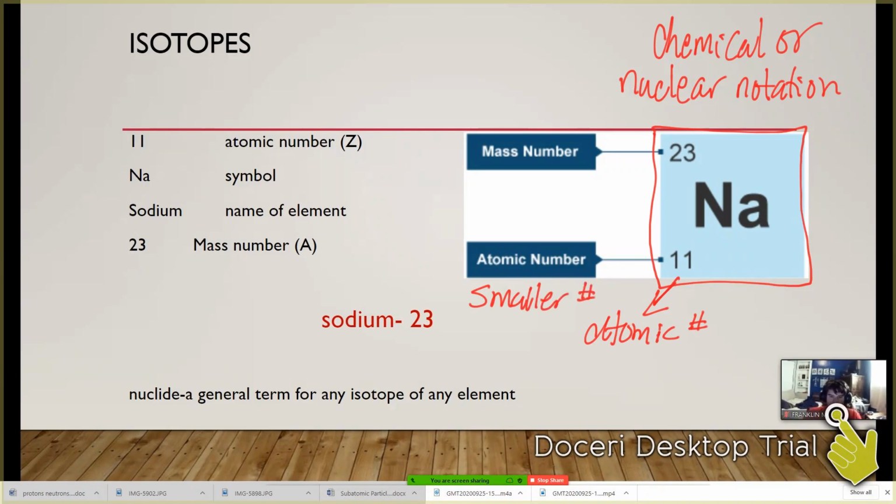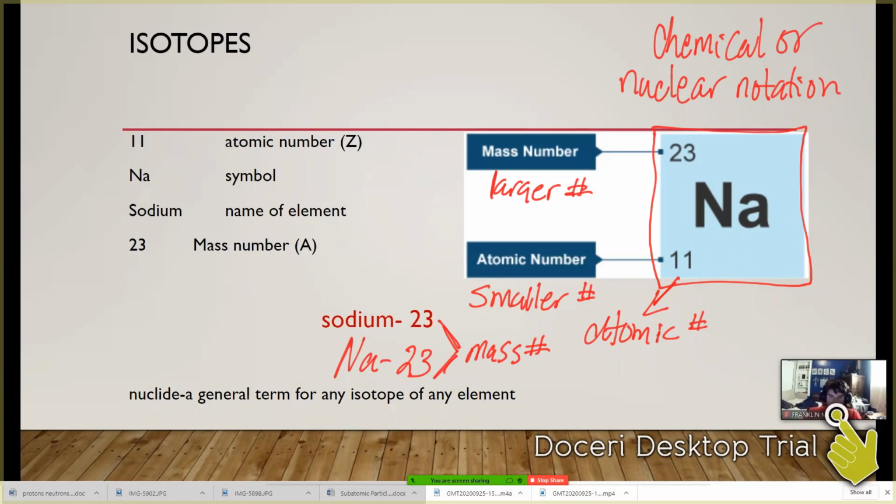The larger number will always be your mass number if you have 2 numbers. Like I said, if you just have 1 number, so here sodium 23 or maybe Na 23, then that's going to be the mass number because I can always get the atomic number off the periodic table.